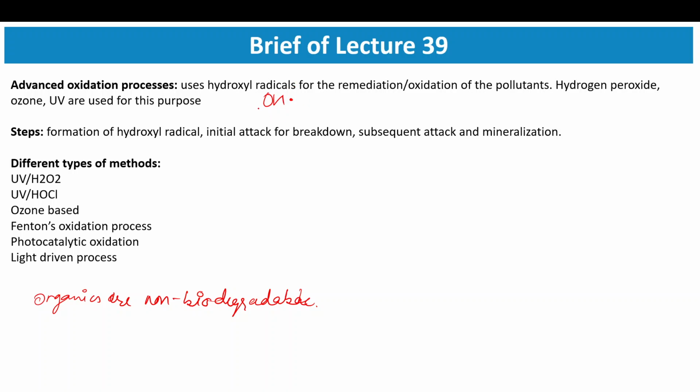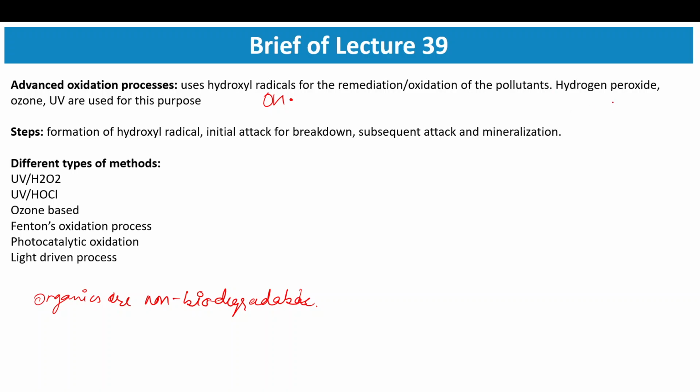These free radicals are highly energetic and short-lived, and can easily react with any compound. So we are using the reactivity of this short-lived hydroxyl radical for the oxidation of the pollutant.